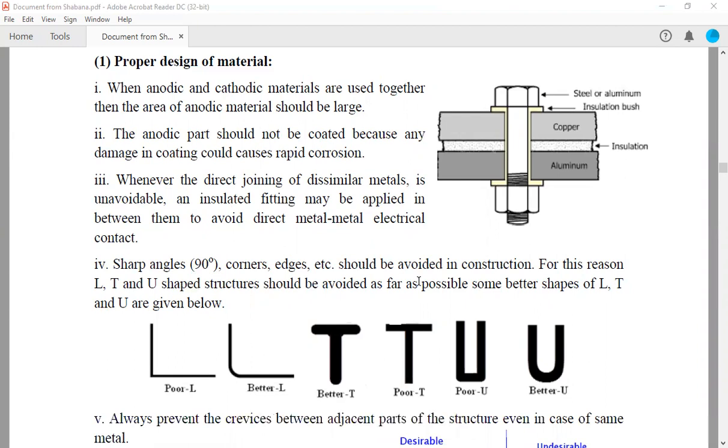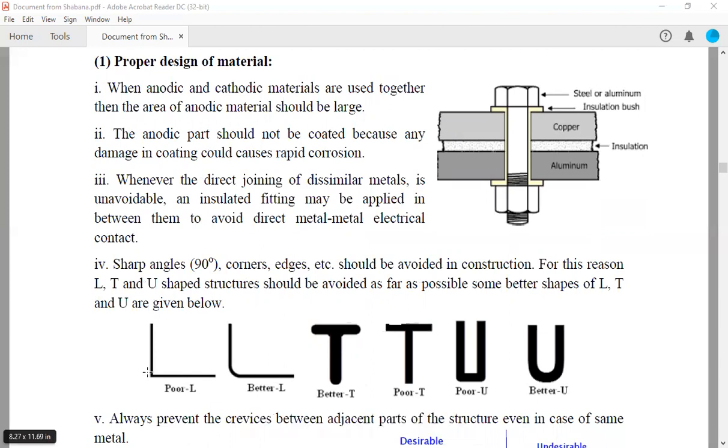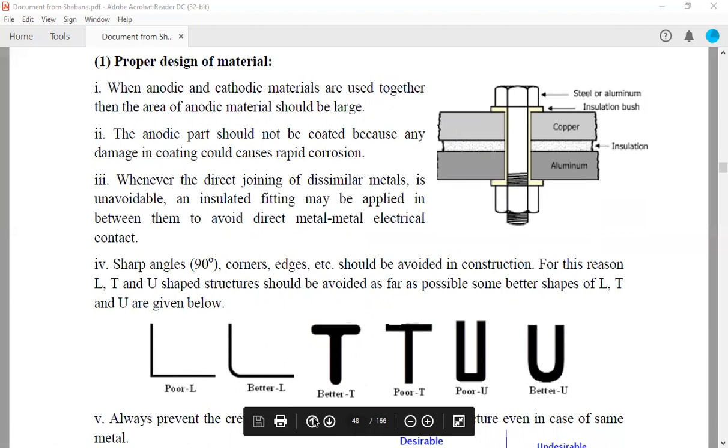For this reason, the structures of L, T, and U should be designed carefully. If the L structure has a sharp edge at 90 degrees, there is a chance of corrosion taking place. So the L structure should be constructed in this proper design.